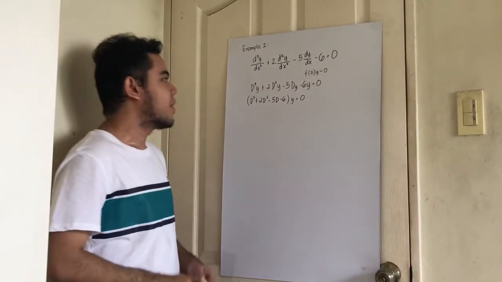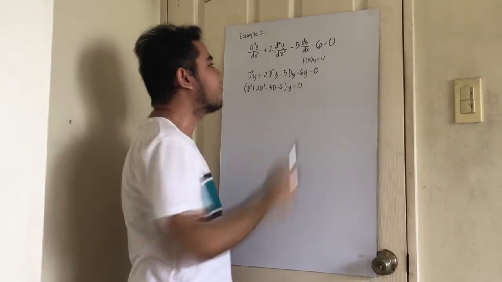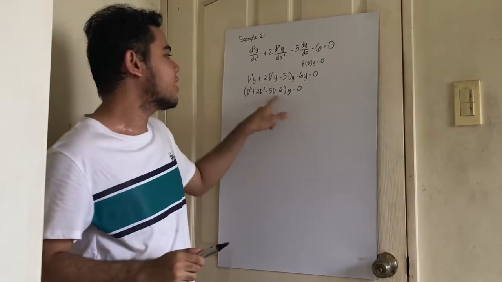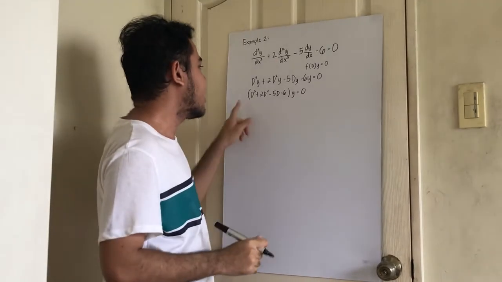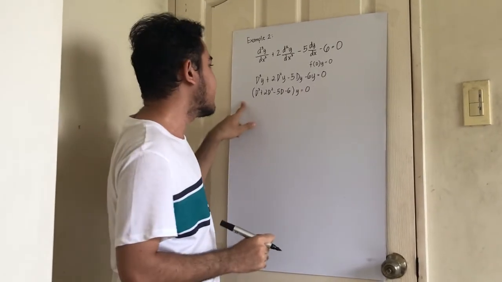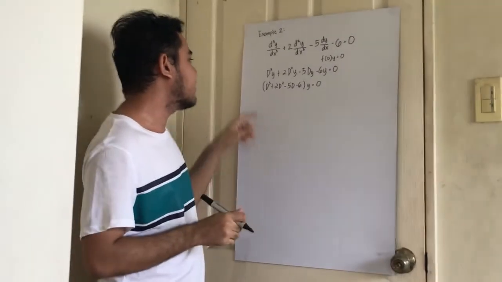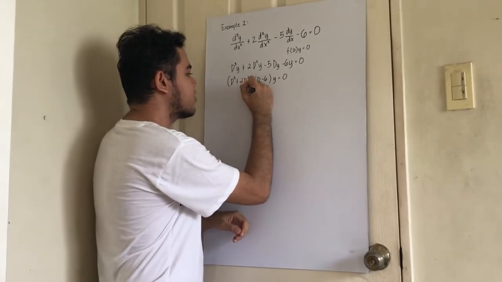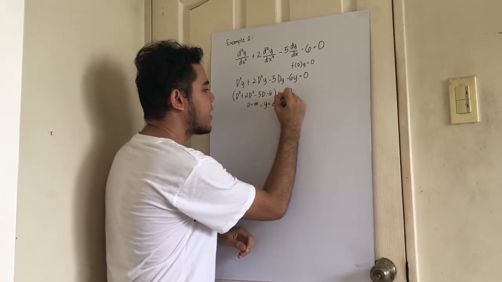So, notice that it is now in the form of its differential form, which is f of D times y, which is equal to 0. Next is to convert this differential form into its auxiliary equation. To do that, we let D be equal to m, since y is equal to e raised to the power of mx.